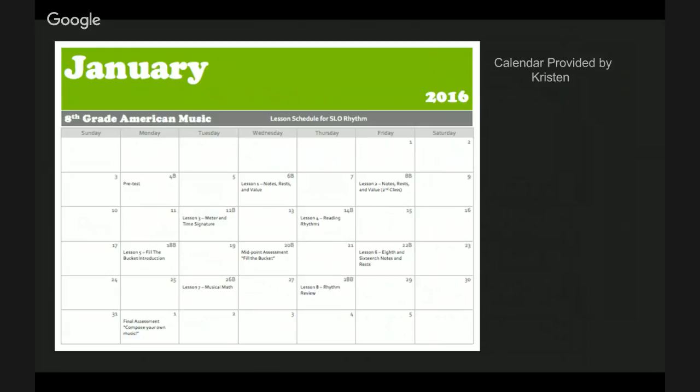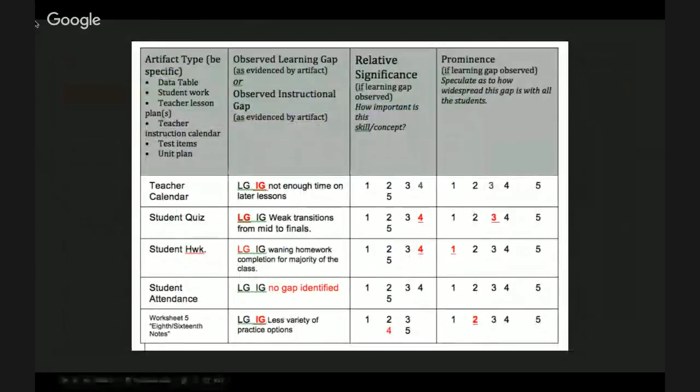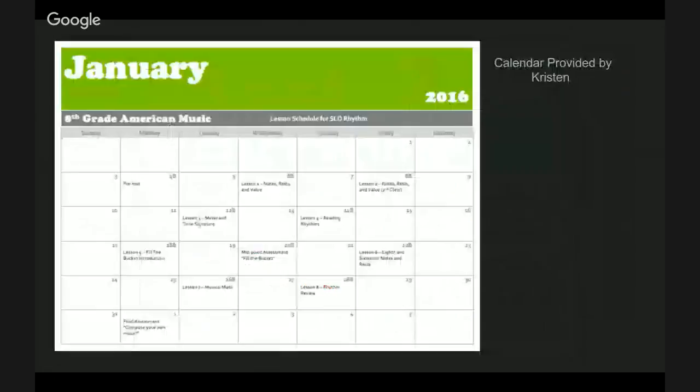And the big takeaway that we saw was that we had a slower introduction from the pretest to the midpoint, and then it got more complex and faster moving from the midpoint to the final. So we saw that as an instructional gap. So we labeled that here, that there was not enough time on the later lessons, and that may have had something to do with the exploratory question that we were looking at.